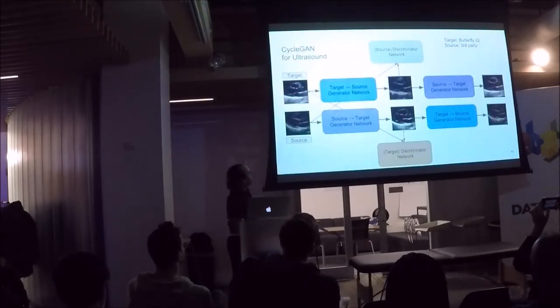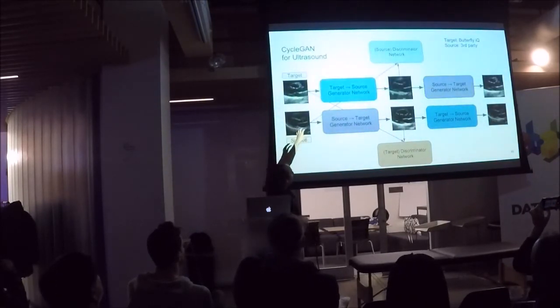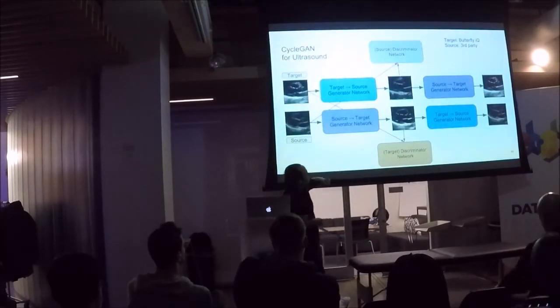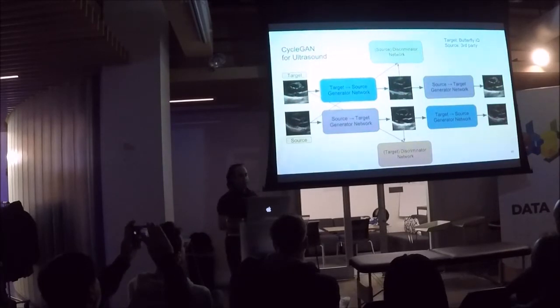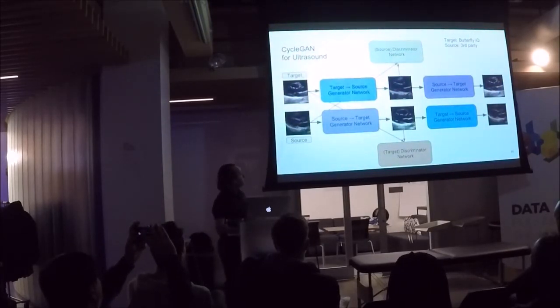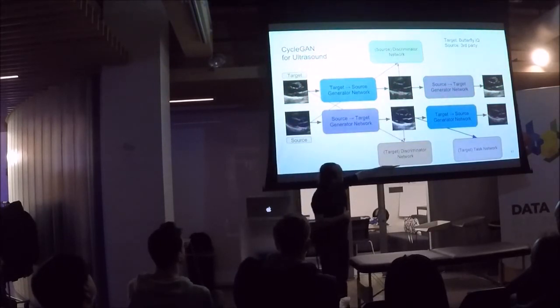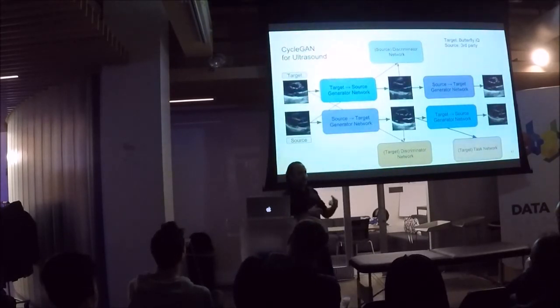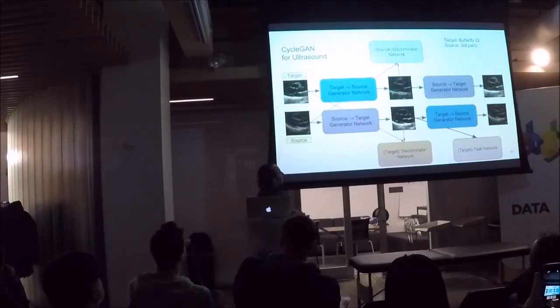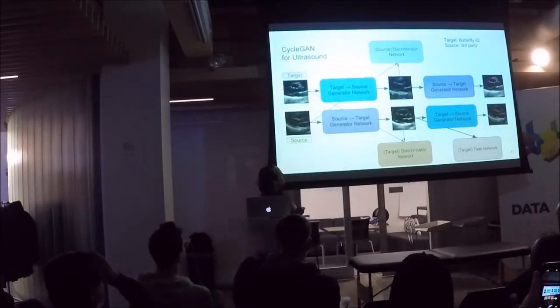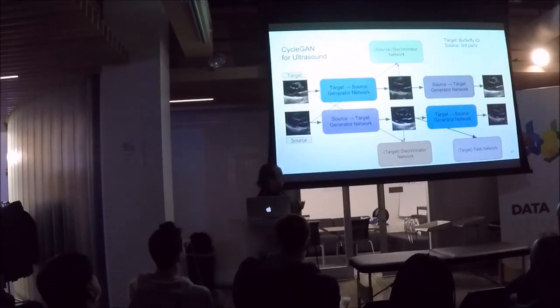Same thing for the target. So we take a target image, we map it to the source using that exact same network, and the same thing happens in reverse. We're going to map that source image back to target. And all we're going to do in the beginning is add this task network. In this case, it might be image classification. And just remember, this is being trained on target or transferred images, okay?